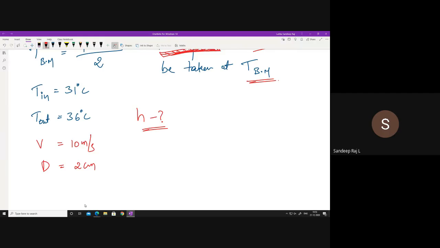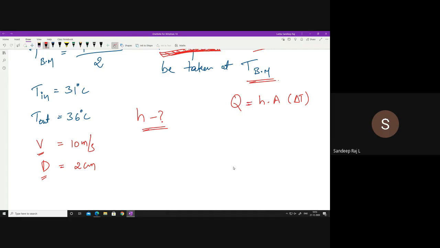This seems a bit awkward, because he has given a velocity and a diameter, and everything else doesn't seem to help you, because the formula you know is Q is equal to H into A into delta T. This formula doesn't have any velocity in it.